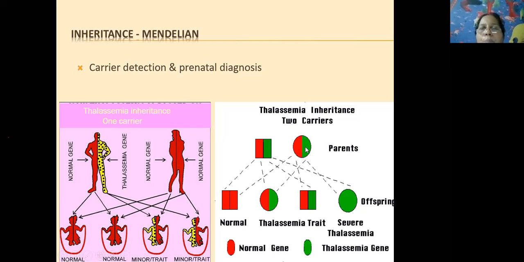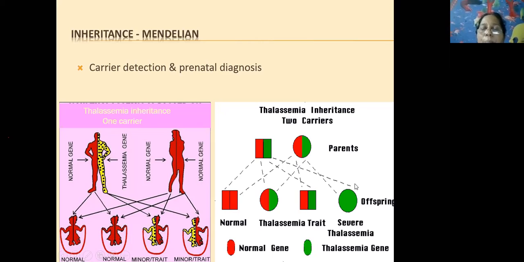Then, if both are carriers, there is a chance of thalassemia major. These are the people we are worried about, mainly in consanguineous marriages. So carrier detection and prenatal diagnosis play a very, very important role to prevent these children.